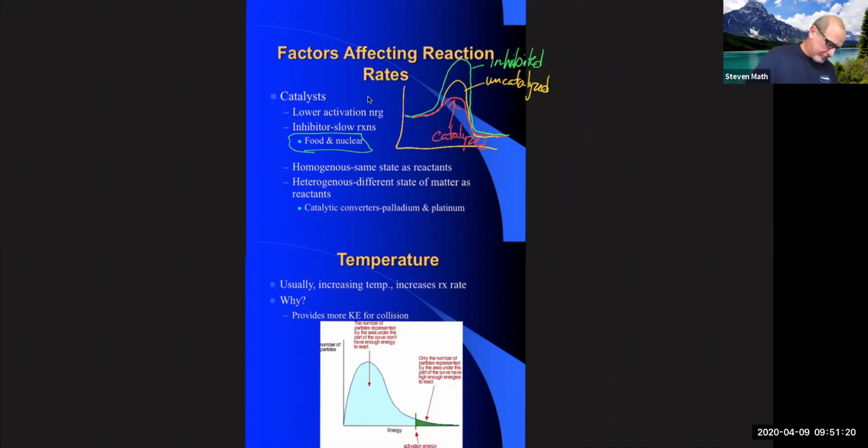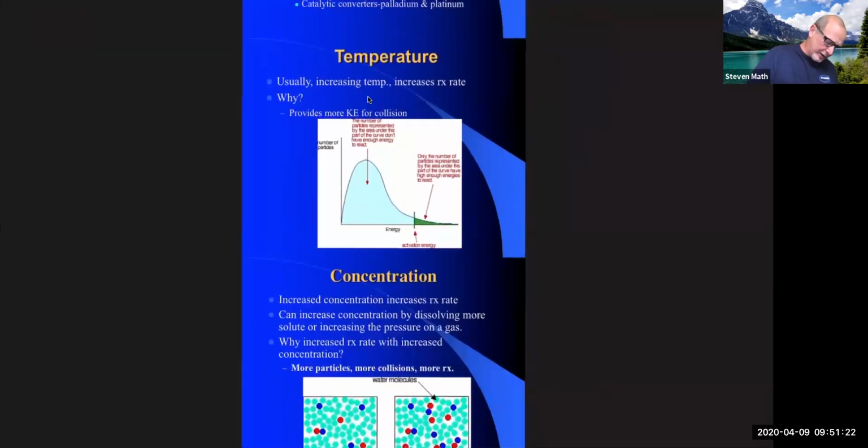Now, let's come back and talk about our temperature and each of these individually. Temperature, usually increasing the temperature increases the reaction rate. How come? Because if we look at the number of particles on the Y axis and the amount of energy, if we increase the temperature, then here's where the activation energy is.